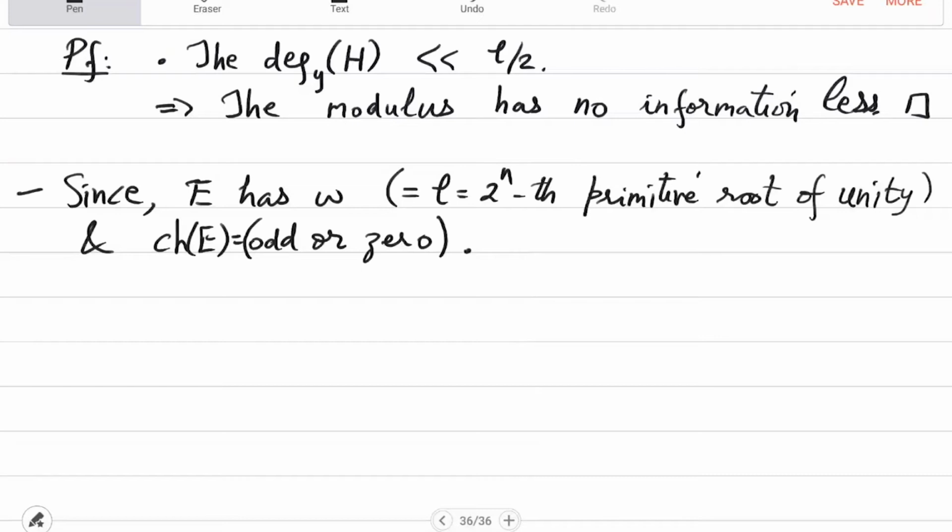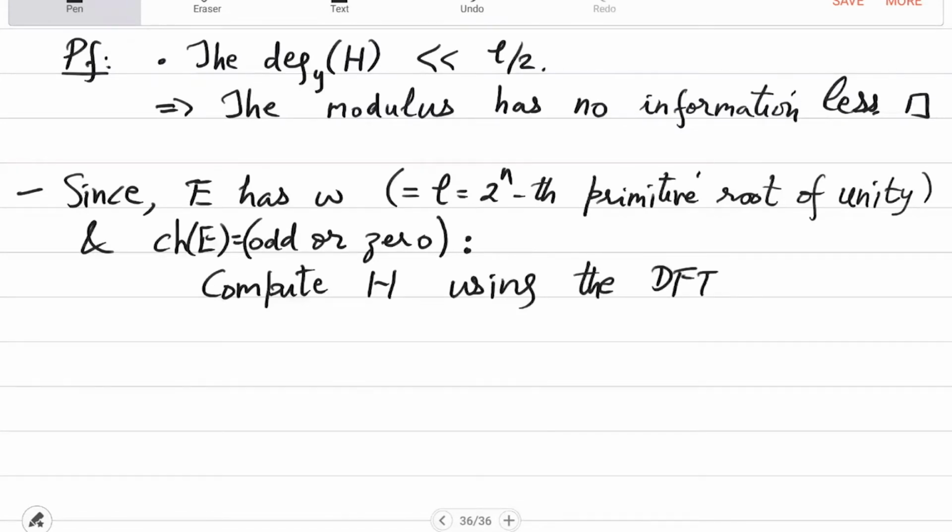So because of these assumptions, you can compute big H using the DFT algorithm that you saw in the last class.